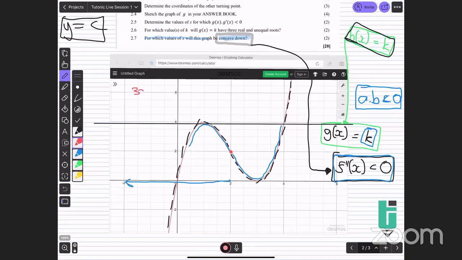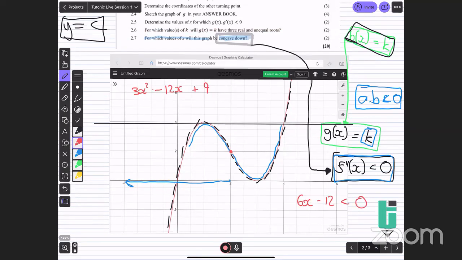We said it was 3x squared minus 12x plus 9, so the second derivative is going to be 6x minus 12, and that is smaller than 0.